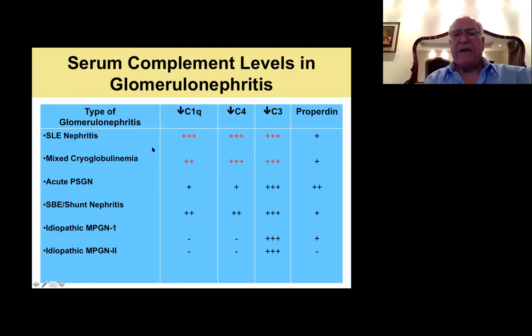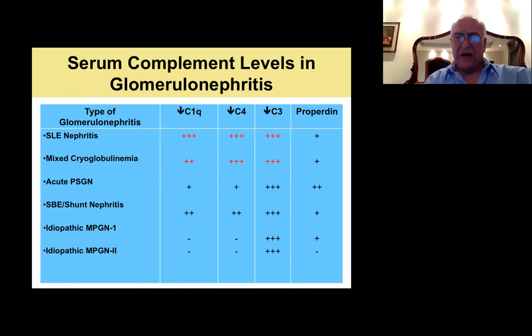Concerning complements, when you see it, you have to look for C3 and C4. C3 low, C4 low, that's the classic pathway: 2 disease entities, lupus and cryoglobulins. If you see C4 normal and C3 low, then you have to think about the alternate pathway, and that will be membranoproliferative GN or post-infectious GN, including C3 nephropathy.